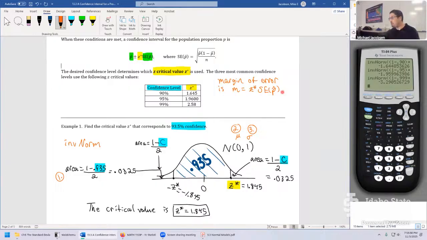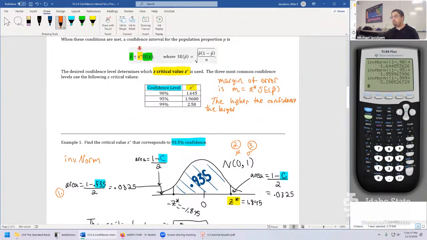The big concept, however, is the higher the confidence, the larger the margin of error. That's the thing we're adding and subtracting, z star times the standard error.